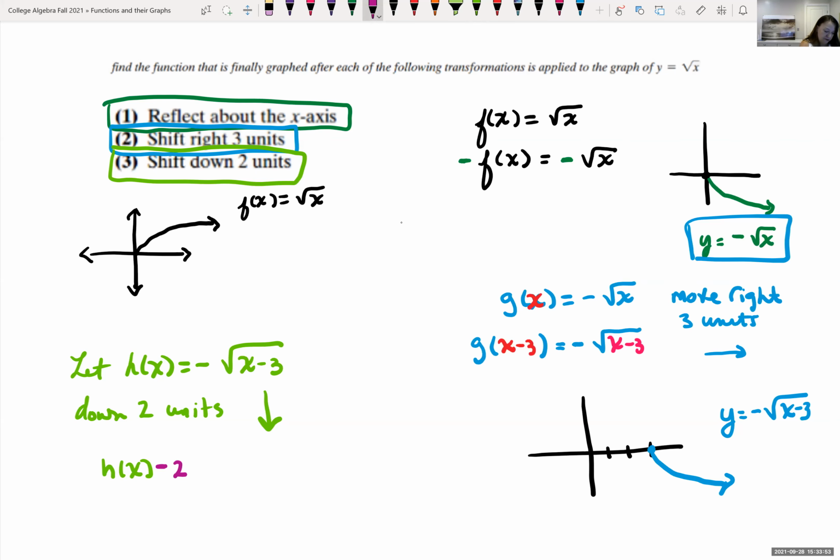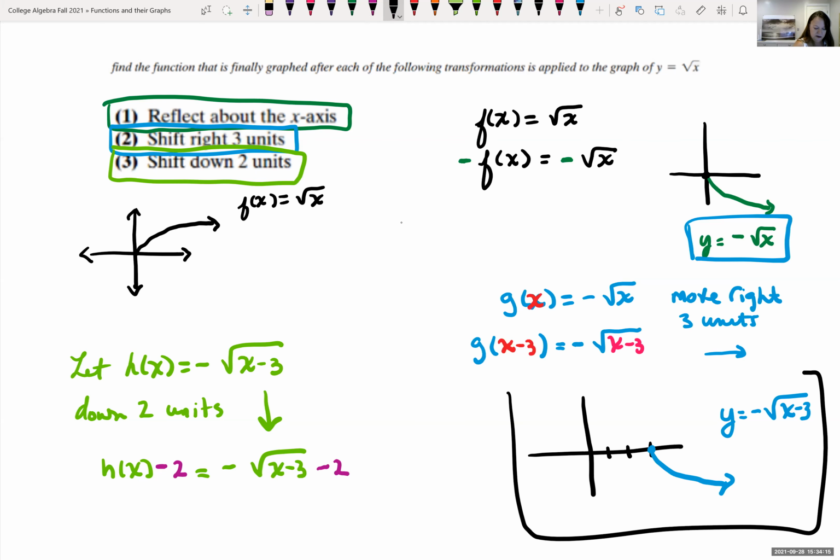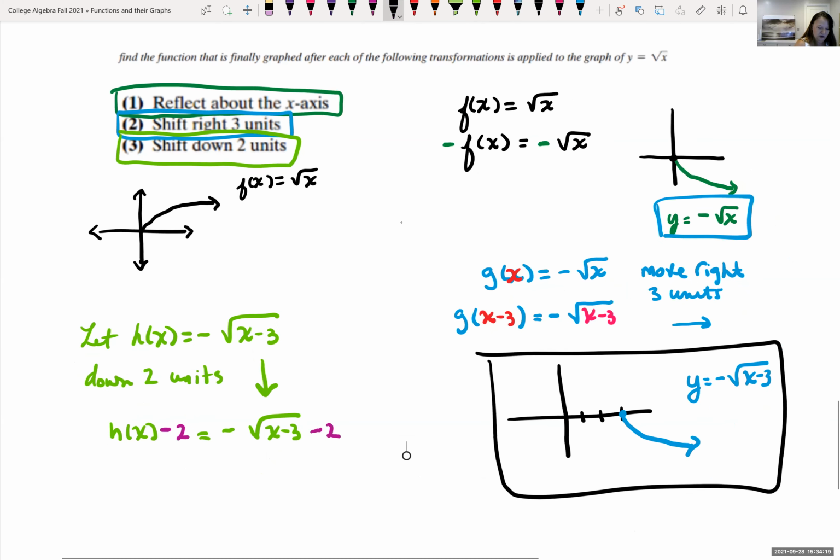So if we subtract 2 from that, we have our original function h of x, which is negative square root of x minus 3 under the radical, and outside of the radical, we have this minus 2. So all we're doing is looking at that last graph and shifting it down 2 units.